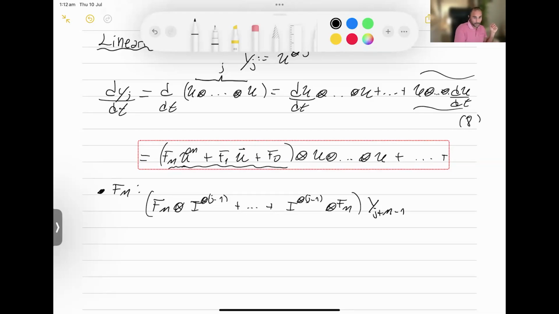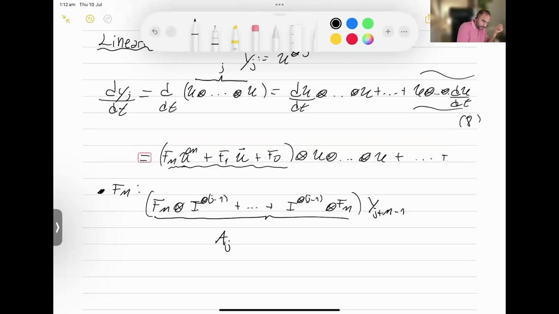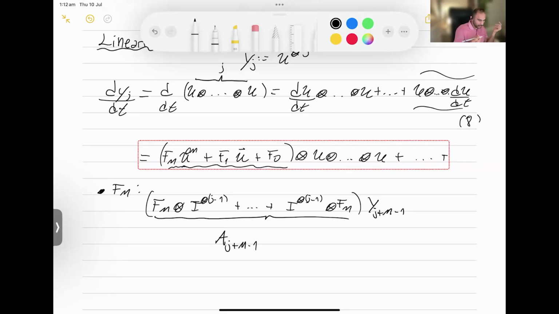So this new guy here I can call a new operator, which we can define in different ways, but here we define it like that: j plus m minus 1, because we're referring to applying this for the component j, and that's related to the operator m. The operator m means that you have this application of the nonlinearity m times.